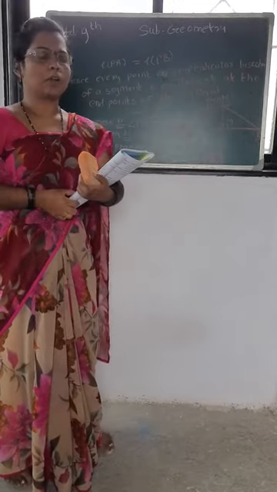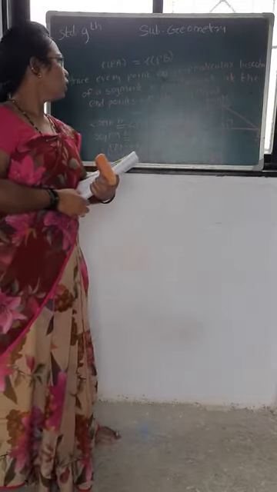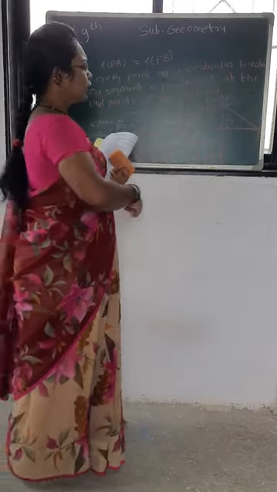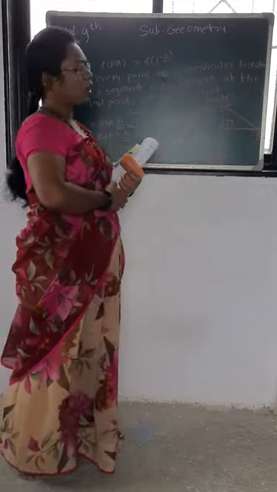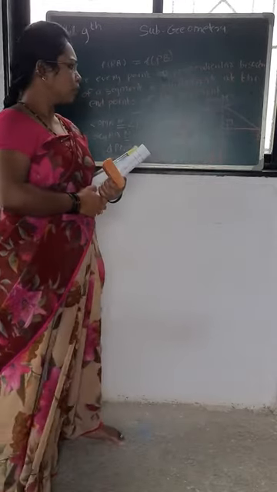Hence every point on the perpendicular bisector of a segment is equidistant from the endpoints of the segment. This is the proof of the part first.